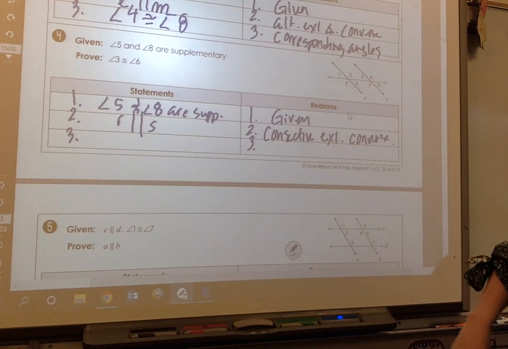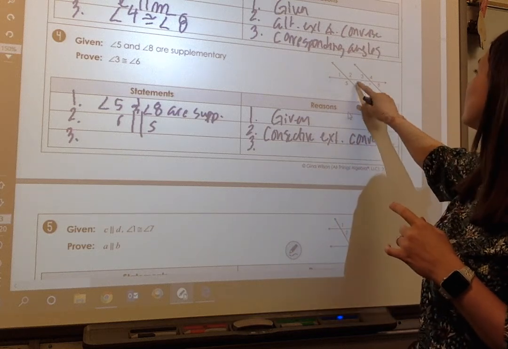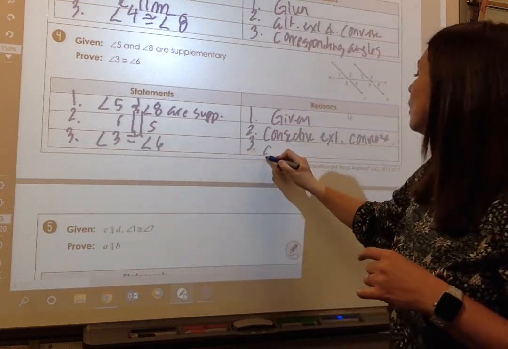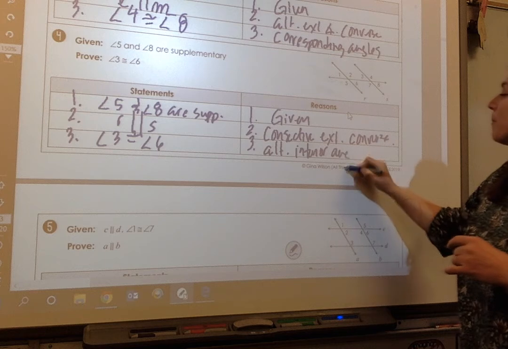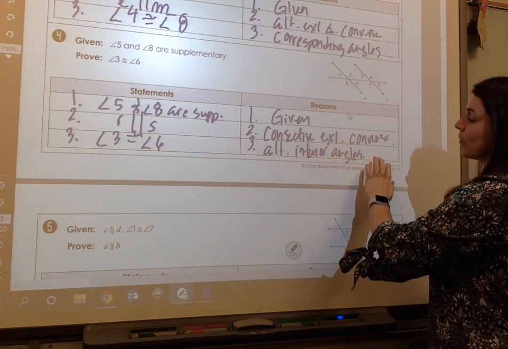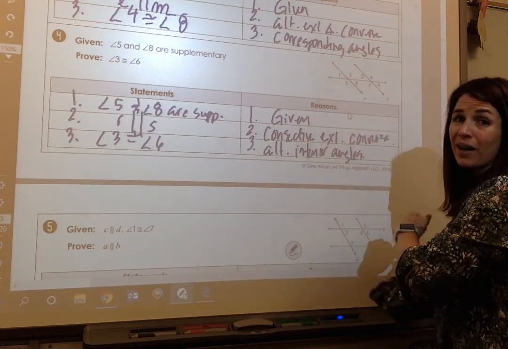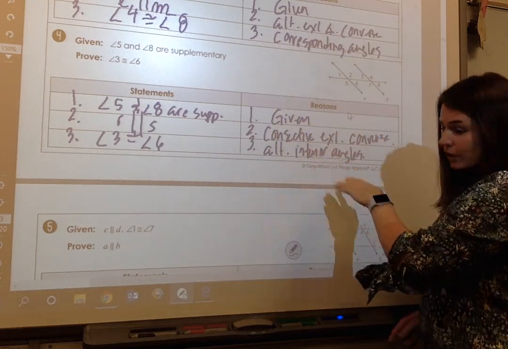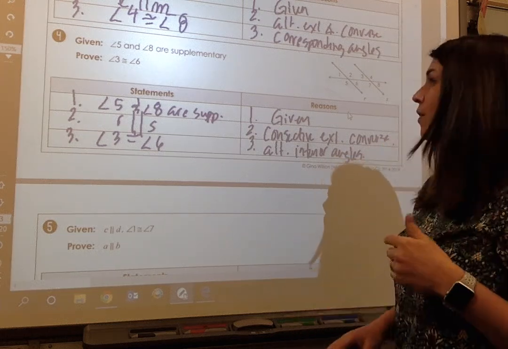And now that I know R and S are parallel, angles 3 and 6 are going to be congruent because of alternate interior angles. Notice it's not alternate interior angles converse, because we've already proved that R and S are parallel. If lines are parallel, then alternate interior angles are congruent. So notice when to use converse and when not to use converse.